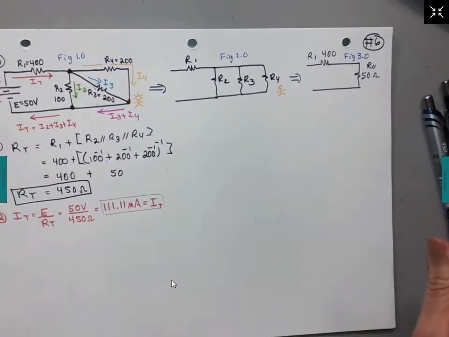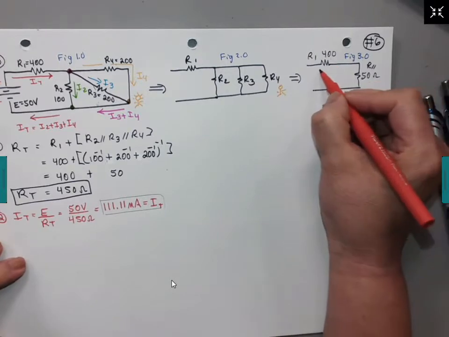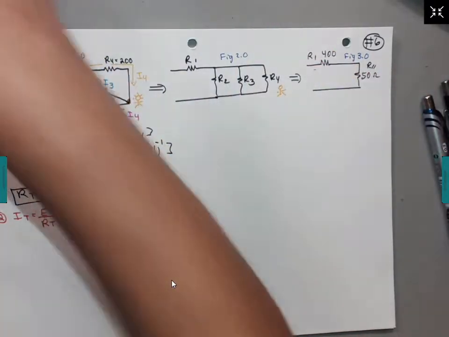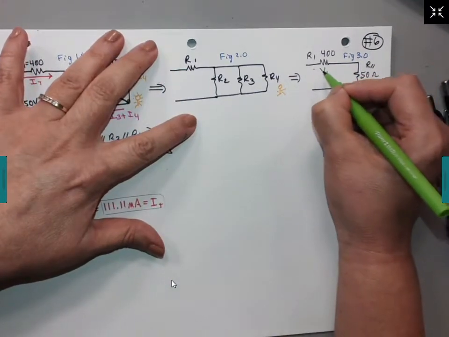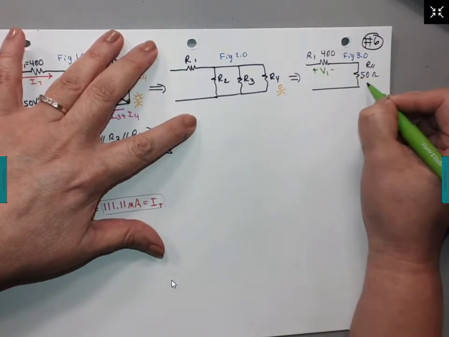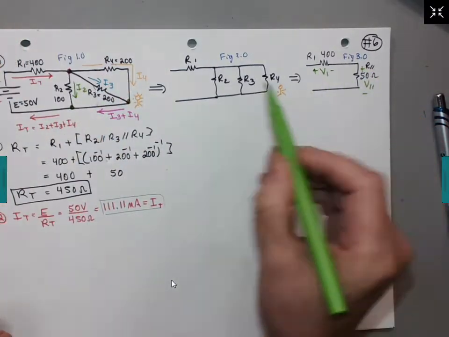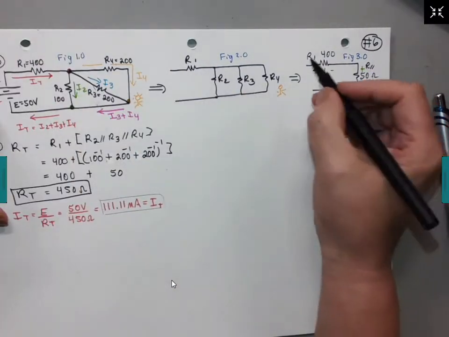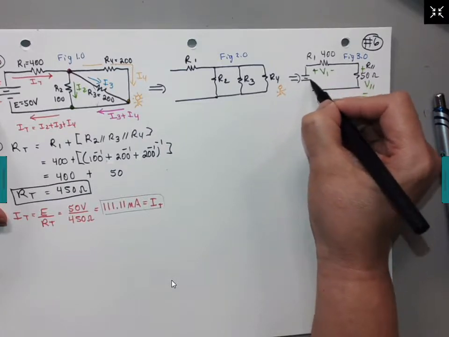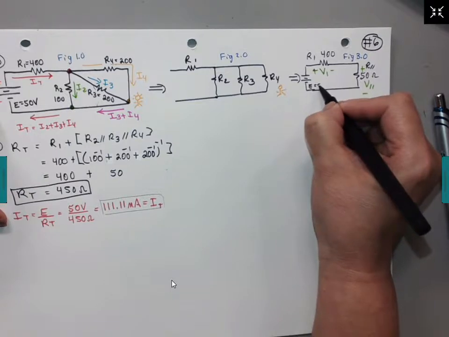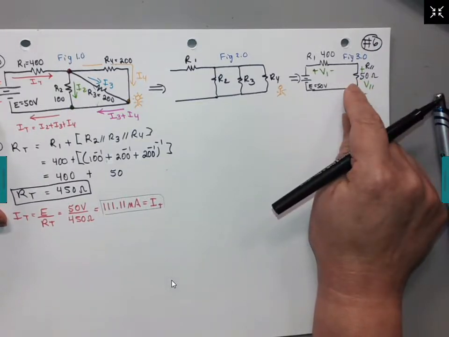In figure number 3, you have current going through all this guy, right? You have a voltage drop across him, V1 and V parallel. I have current going through him and I have an E. Can I find the voltage drop across him? Across this figure 3.0.